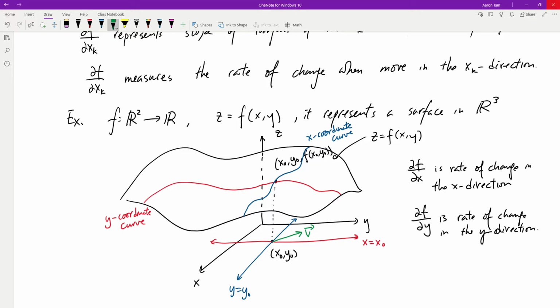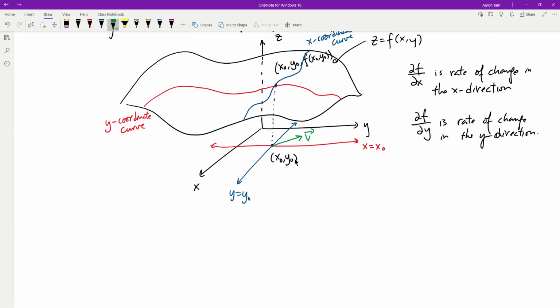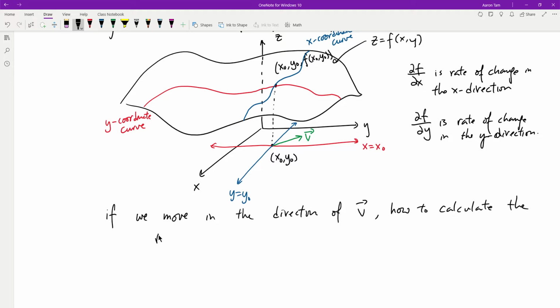So that concept is called a partial derivative with respect to the direction v. So what we're looking for is this: if we move in the direction of v, the question is how to calculate the rate of change.